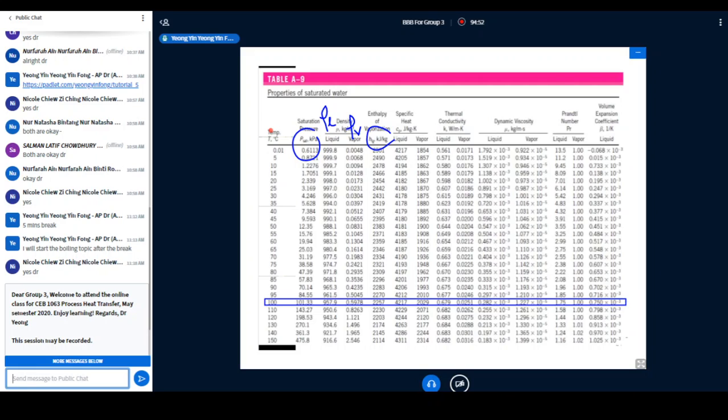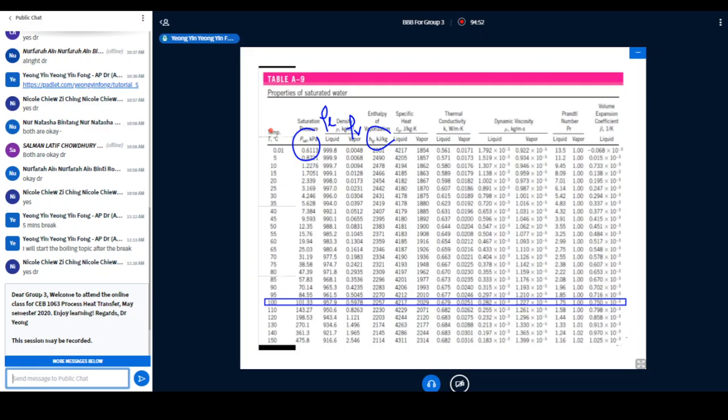If T saturation is 100, then the sigma value is 0.05894 for water. Of course, you have other fluids, which have some correlations here to calculate it. So it depends on what type of fluid. Water is always this one if the saturation temperature is 100. So this is how you get the sigma value. Then C_sf and n.